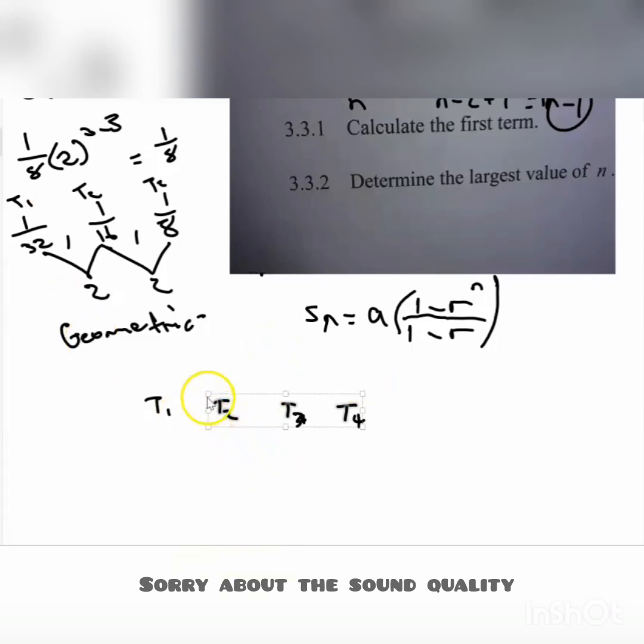Since our end is 4 in this case, it's going to be 4 minus 2, which cuts here, and we end up with 2 terms, which is wrong. It says it starts at 2. That's why there's a plus 1 at the end.